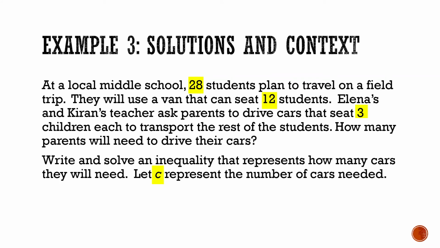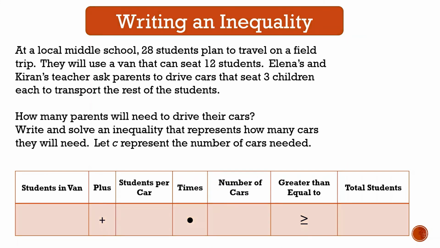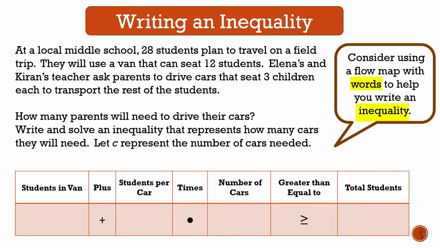We look for our important information. There are 28 students. 12 students can ride in the van, 3 students per car driven by the parents, and we're going to let C represent the number of cars needed. Remember, we can consider using a flow map with words to help you write the inequality.